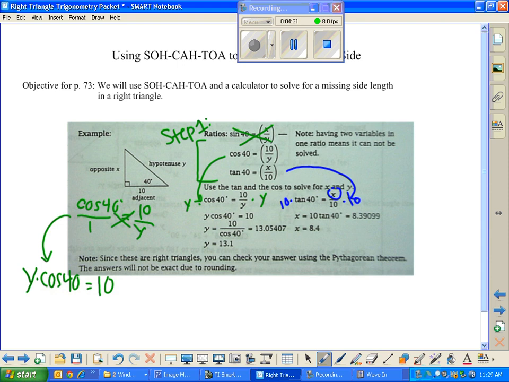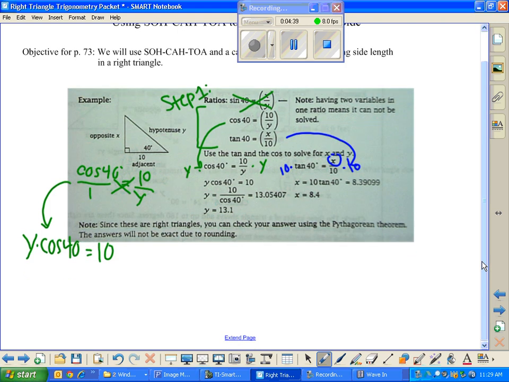If you want to check on your calculator, you can. Make sure they did a good job. Are we getting 8.4 as x? Yeah? Good.